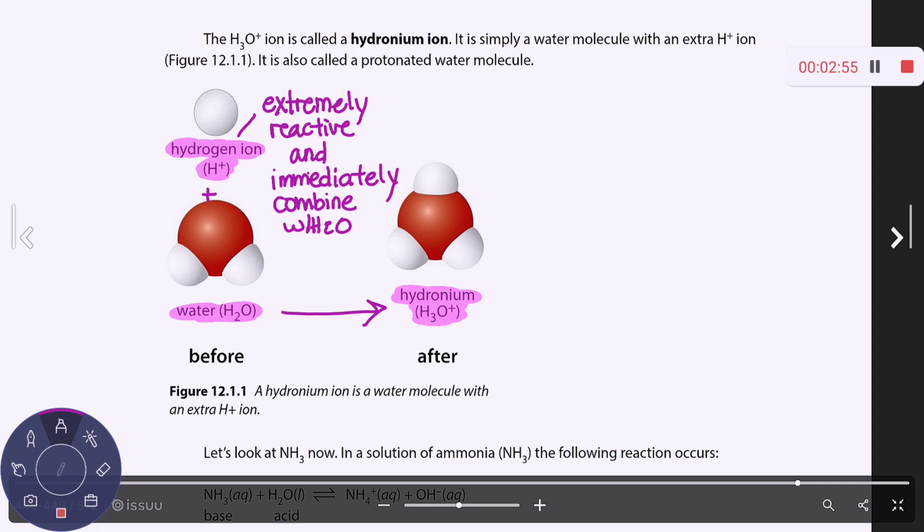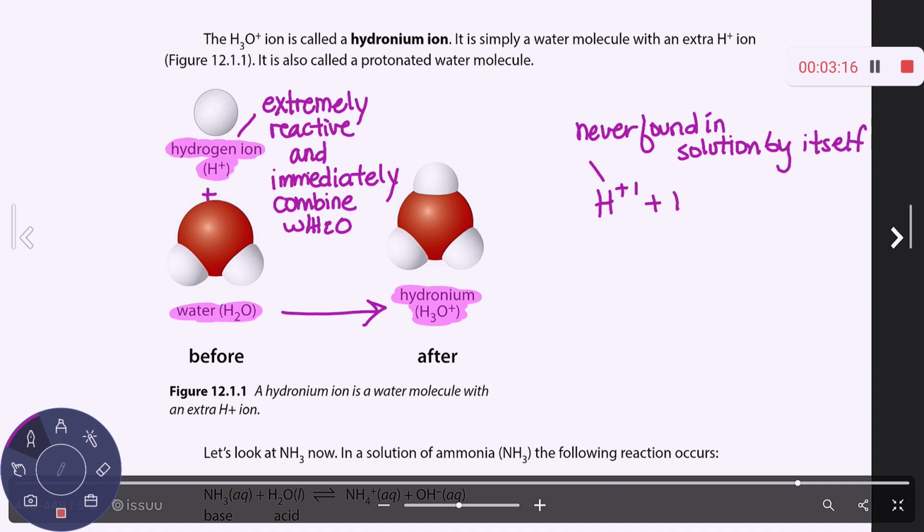So what you should know is that hydronium and hydrogen ions are really the same thing, since hydrogen is really never found in solution by itself, because it's so reactive.